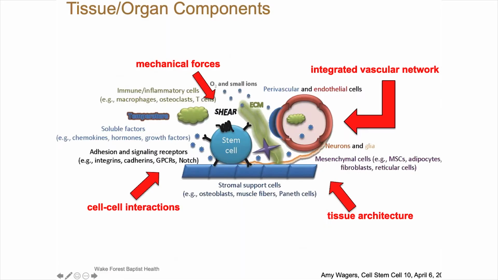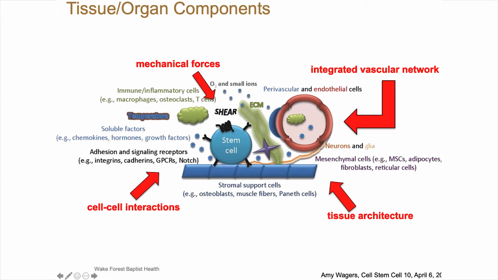But before I get to that, I want to highlight the complexity of organs and tissues. So tissues are made up of more than just cells. They have a vasculature, they have neurons, there's a tissue architecture that's required for proper function.